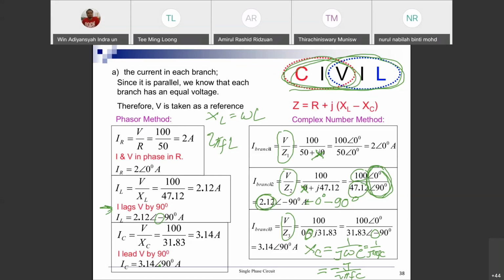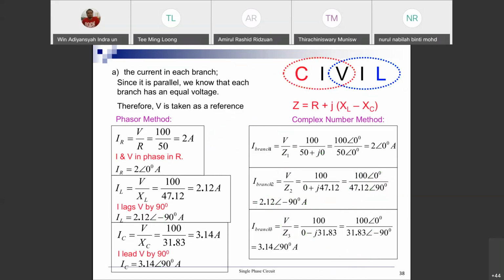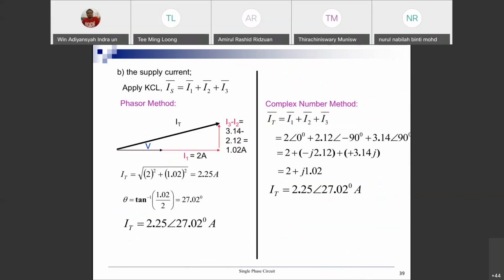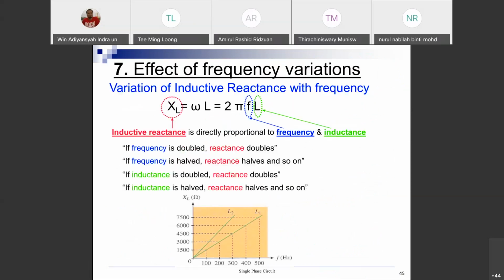Complex number method. Okay, this is just to show you the effect of frequency. This is just now the formula for reactance of the inductor.